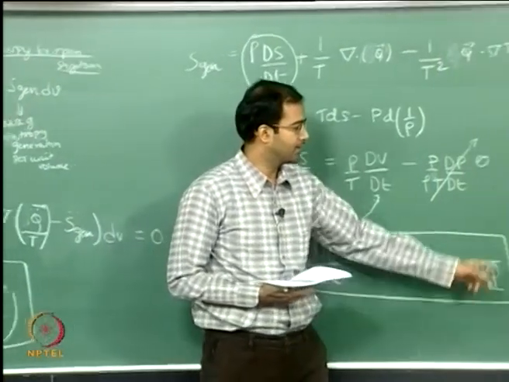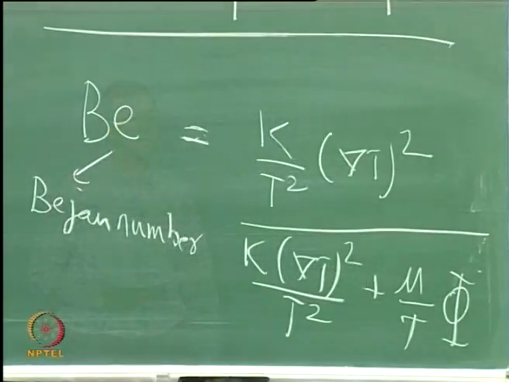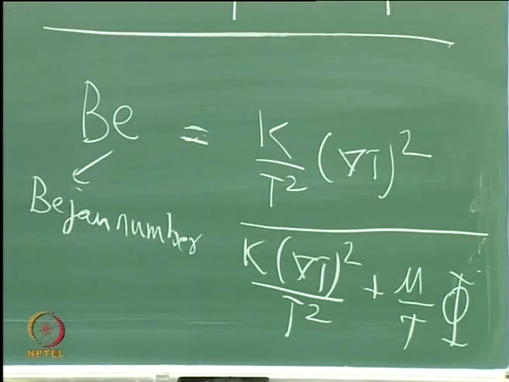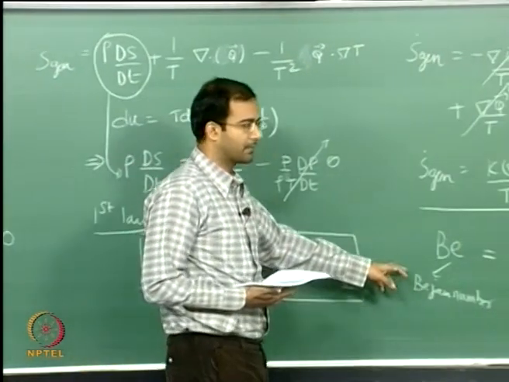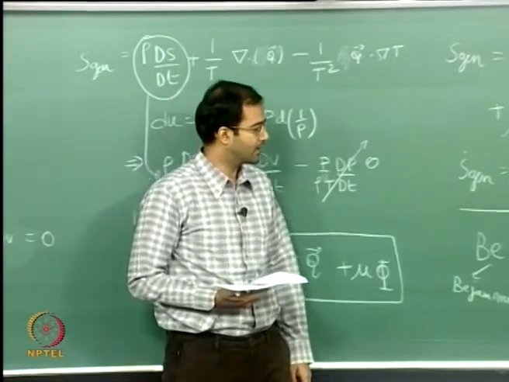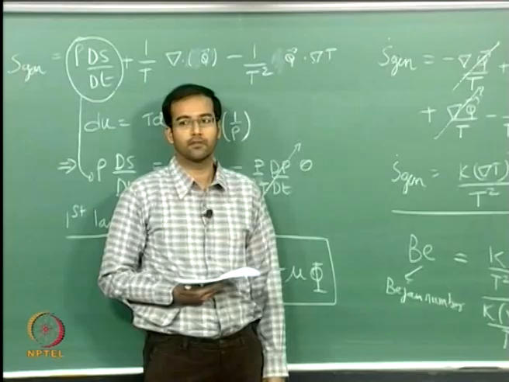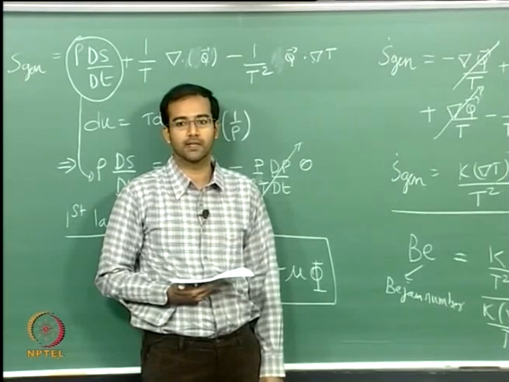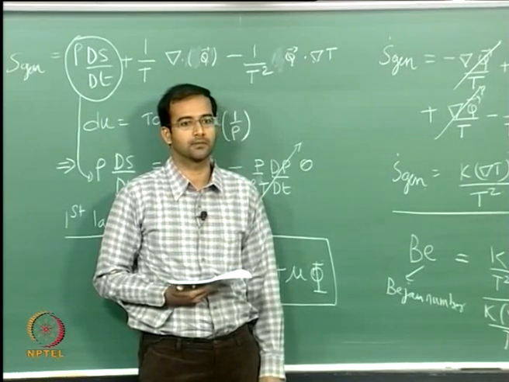I think the Bejan number was given due to his contribution for this work particularly, and this measures, if your Bejan number is some value say about 2, it tells you that the majority of entropy generation is by conduction. And if it is much lesser than 2, it tells the majority of entropy generation is through viscous dissipation.